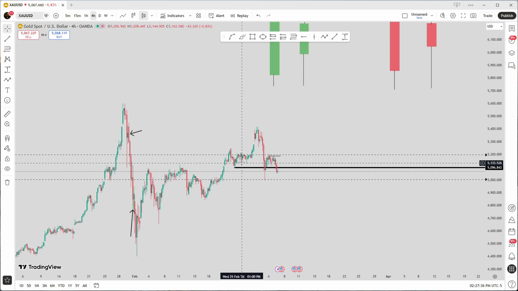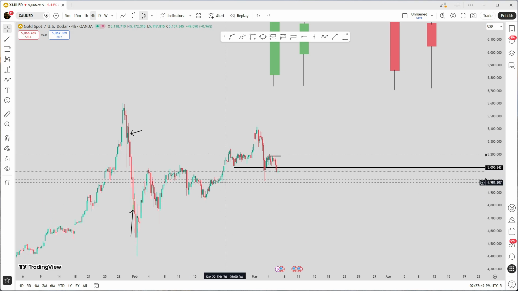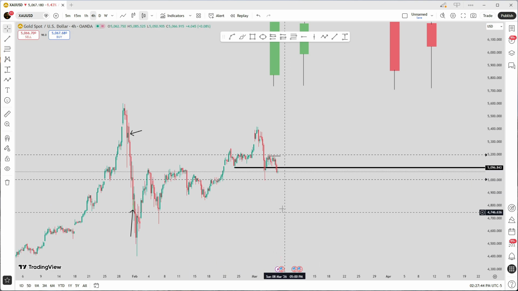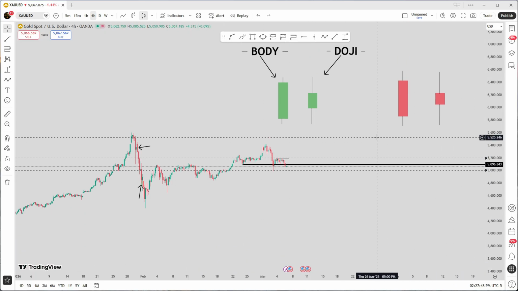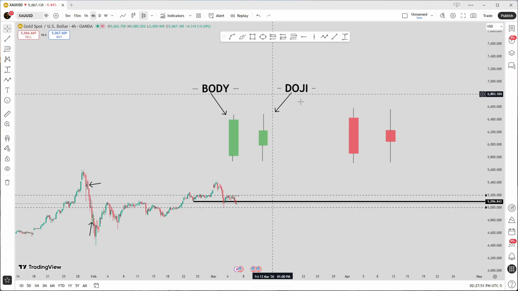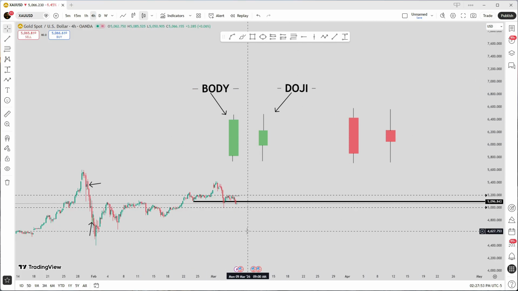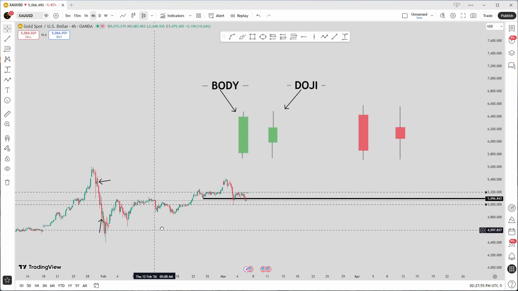Just like this little uptrend here, there's maybe 30 candles, and focusing on one candle is only going to cause confusion. So overall, as a beginner, you need to know what a candle is and how they start and end. That's basically what this video is about.